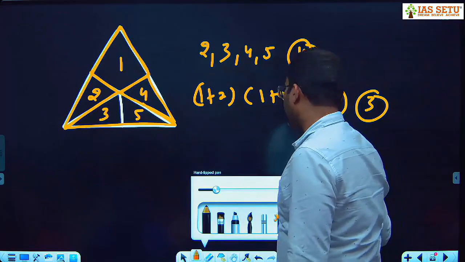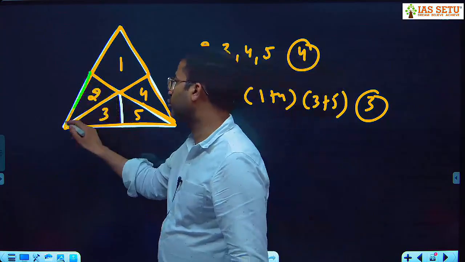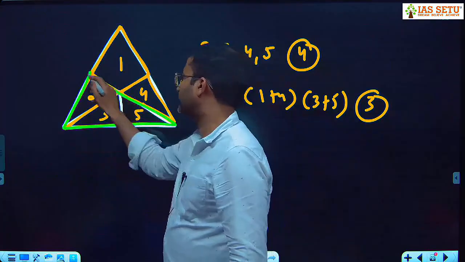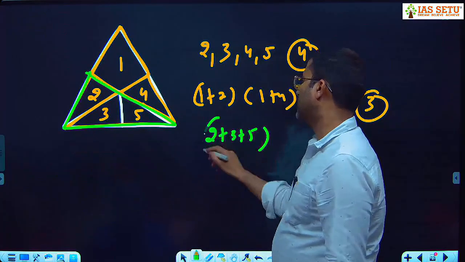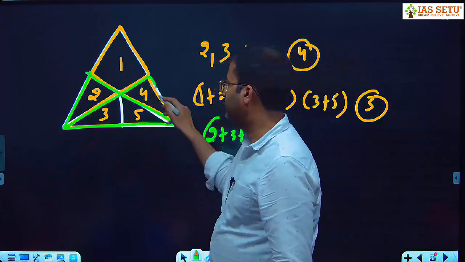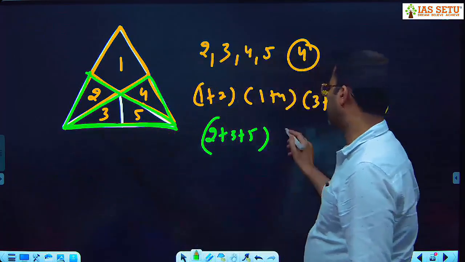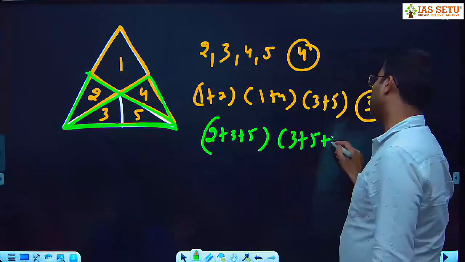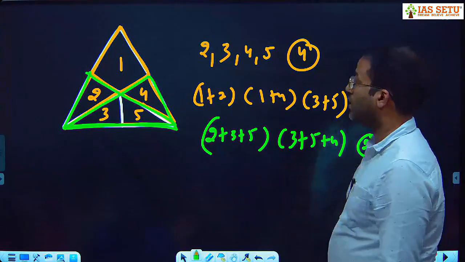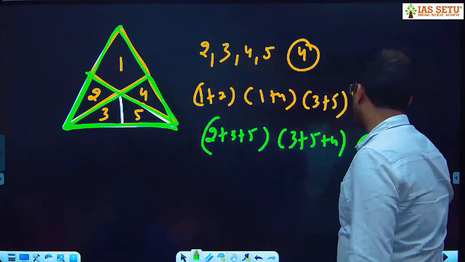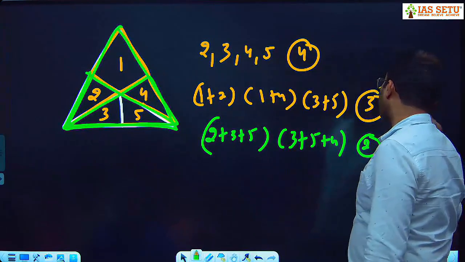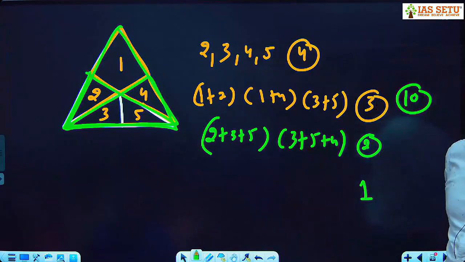Then we will take 3 numbers at a time: 2, 3, 5 and 3, 5, 4. And don't forget the largest triangle. So here we have a total of 10 triangles in the given figure.